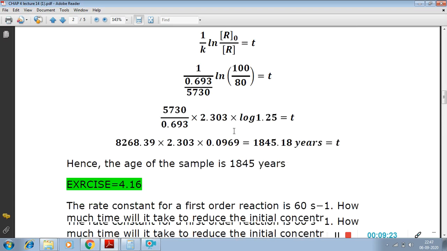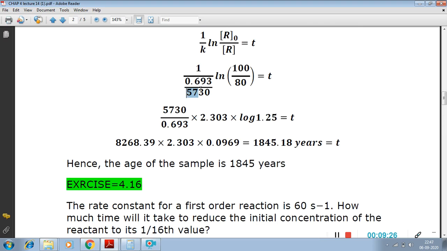Now this 5730 will come in the numerator here. 5730 divided by 0.693, and to convert ln into log, multiply by 2.303 into log of 100 divided by 80, that is 1.25, is equal to t.